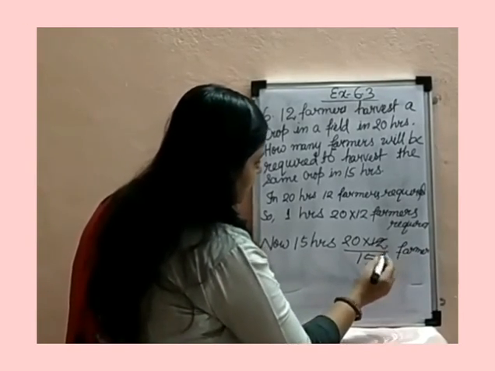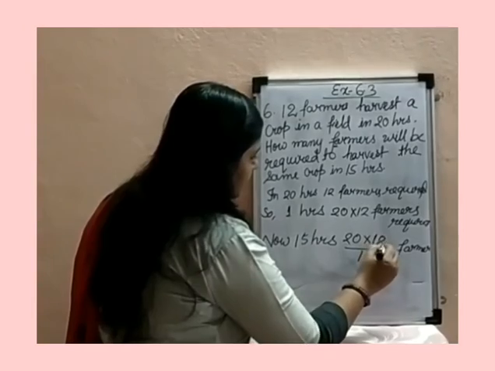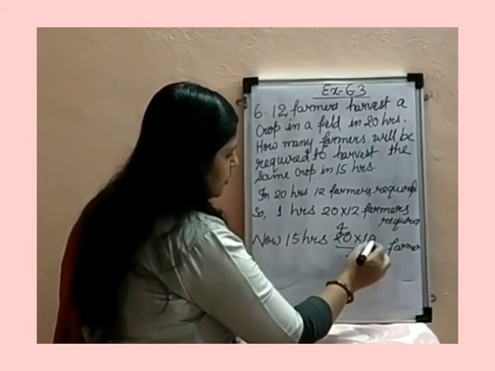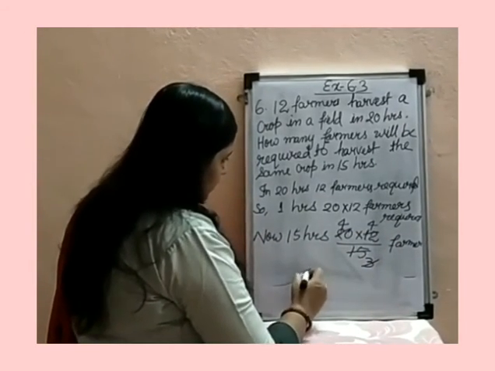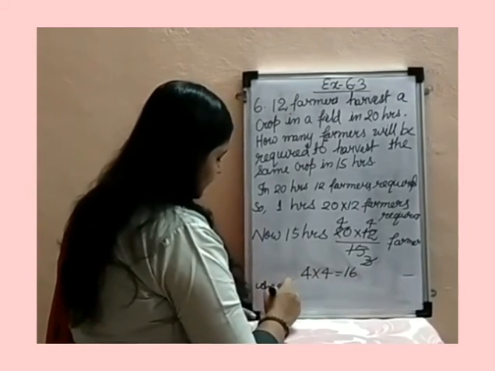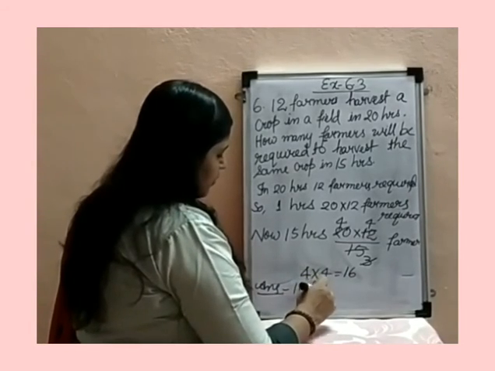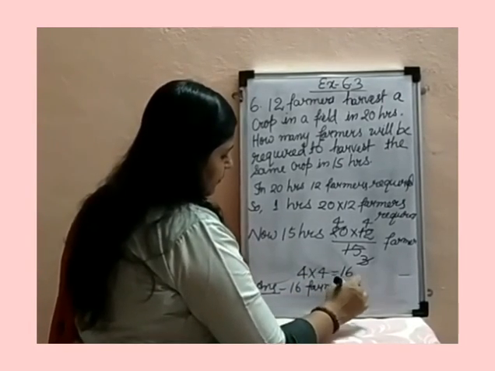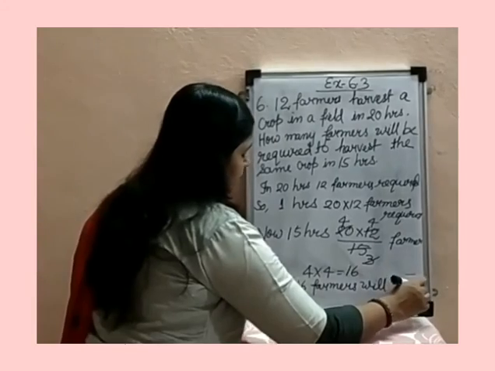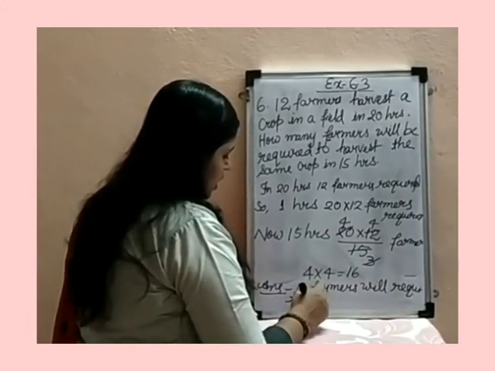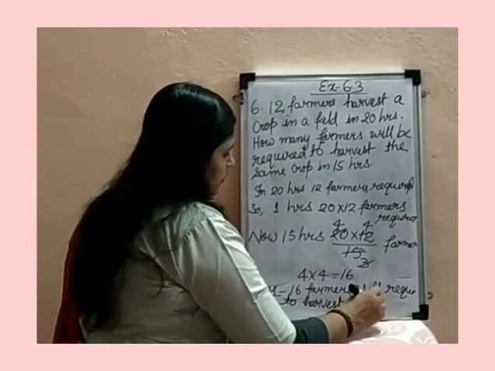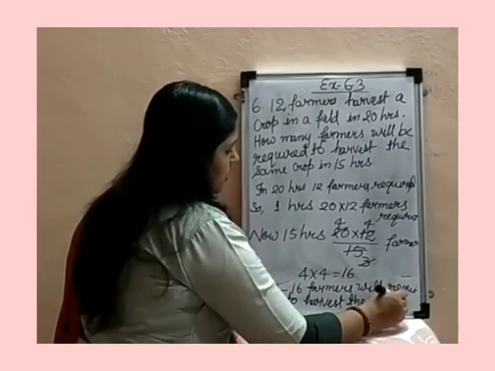Cancel the number. 5 threes are 15, 5 fours are 20, 3 fours are 12. 4 into 4 equals 16. So the answer is 16 farmers will be required to harvest the crop in 15 hours.